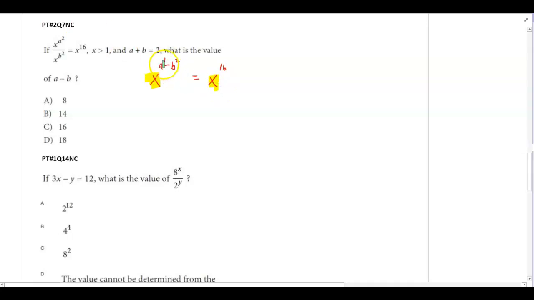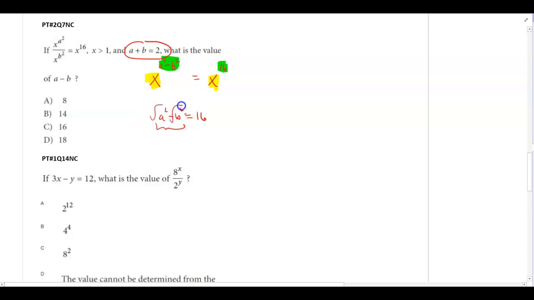So if I look here, what I'm going to do is say, well, in order for these expressions to be equal, the exponents have to be equal. So a squared minus b squared equals 16. Now I have to solve this equation. But they tell me a plus b is equal to 2. I notice this is a difference of 2 perfect squares.